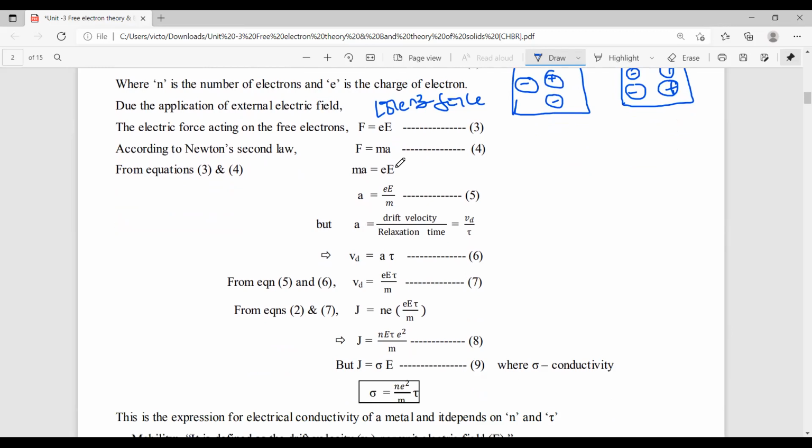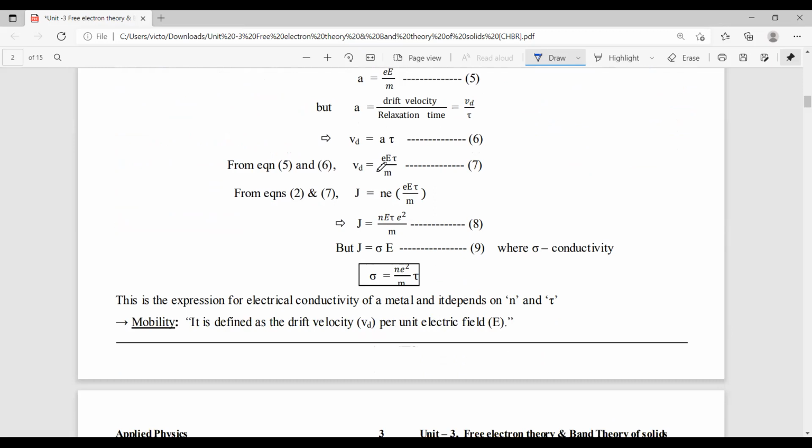By equating these two expressions for the force, ma equals eE. Now acceleration a equals eE by m. By the definition of acceleration, a equals velocity by time, that is Vd by t. By cross multiplying, we get Vd equals a into t.